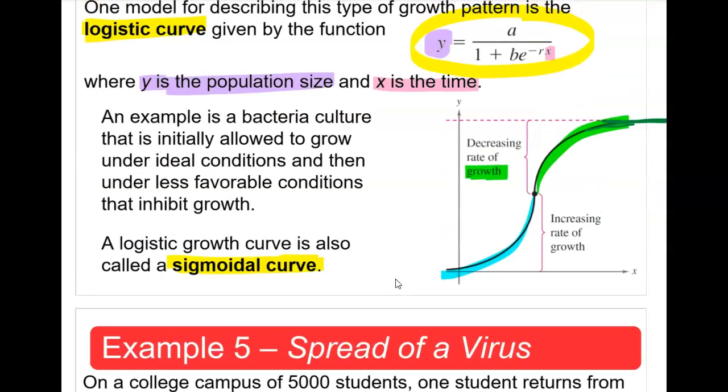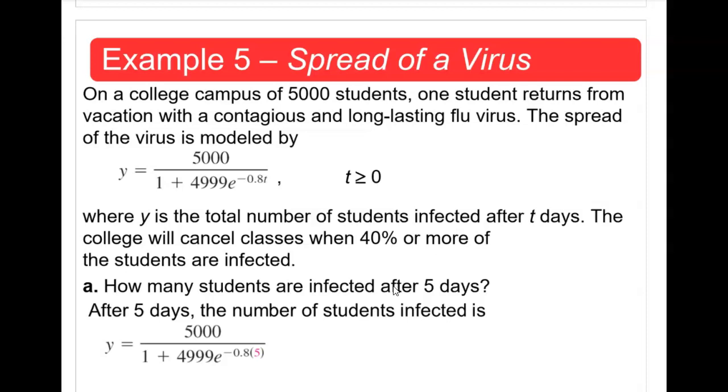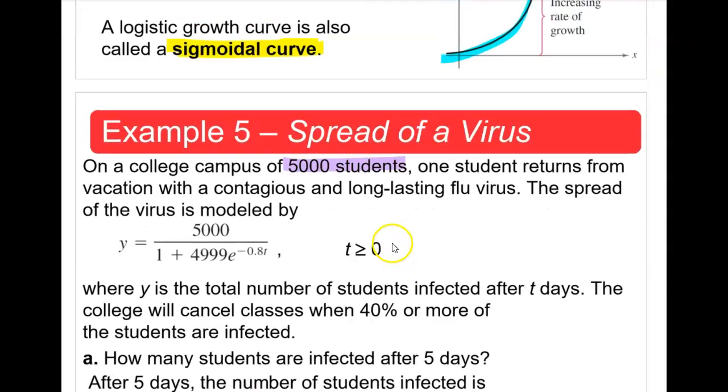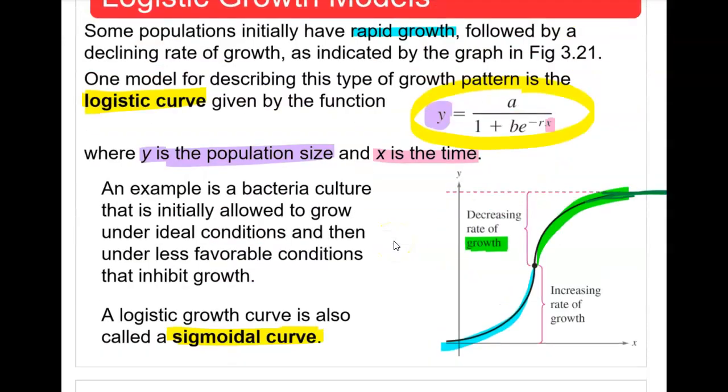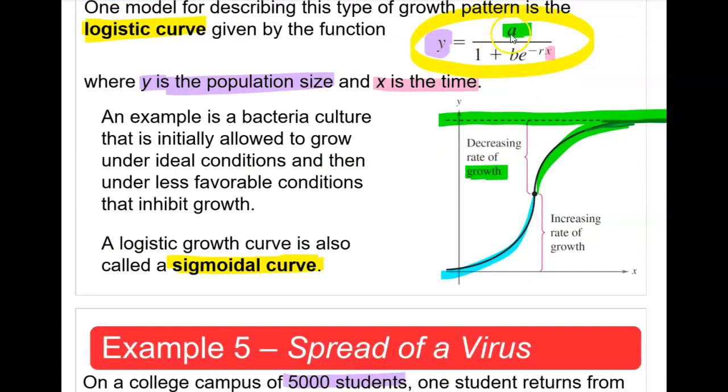So we have a very nice example now. The spread of a virus. So it says on a college campus of 5,000 students. By the way, this constant here is going to be kind of like the horizontal asymptote of the logistic function, kind of like a limit of how high it will get, the output, how big it would be.